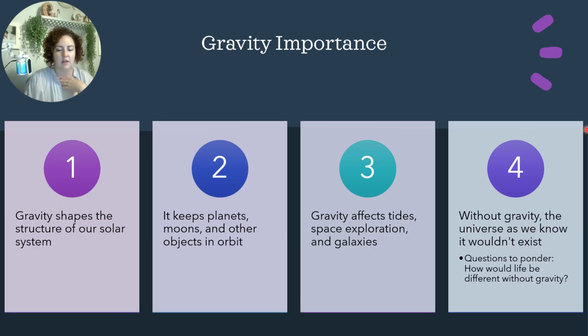Now, gravity, as I have repeated and repeated, is so important to understand. It's without a doubt because of these four main points. Without gravity, we don't have the shape of our solar system. We don't have elliptical orbits. We don't have spheres.